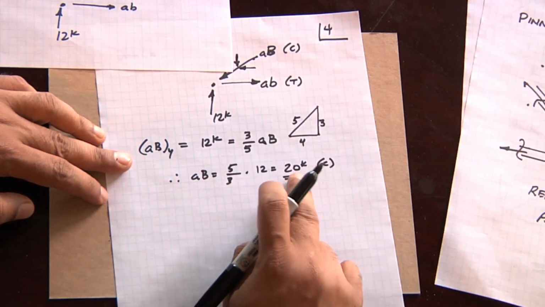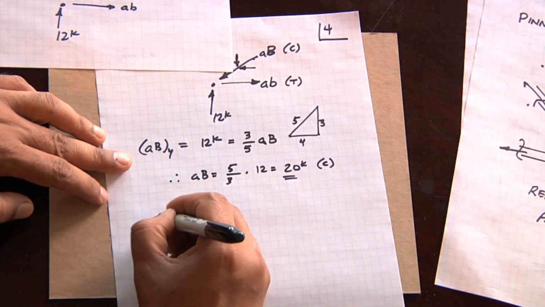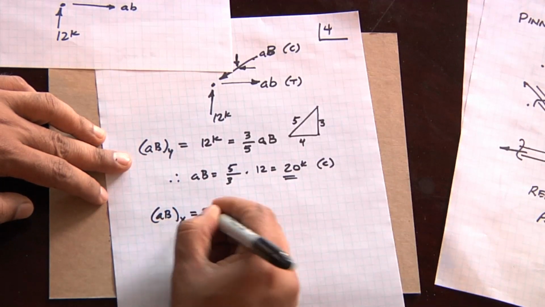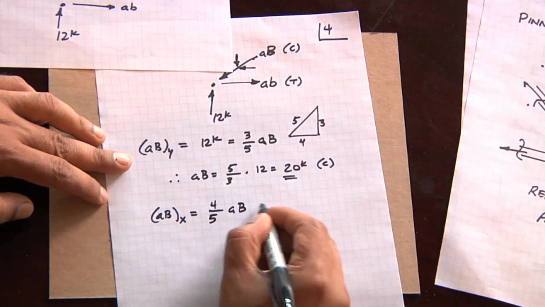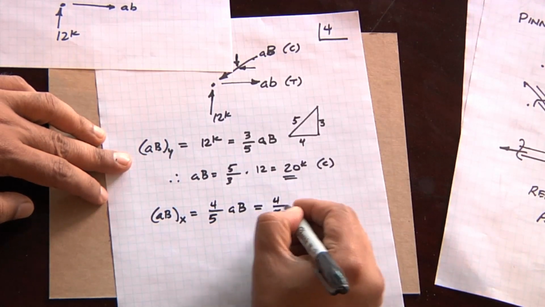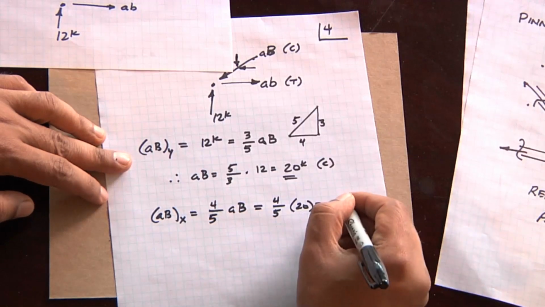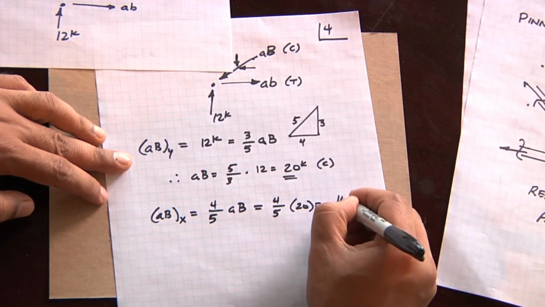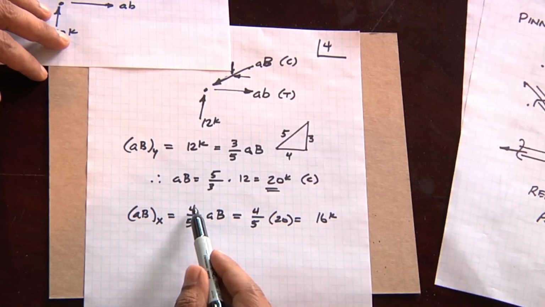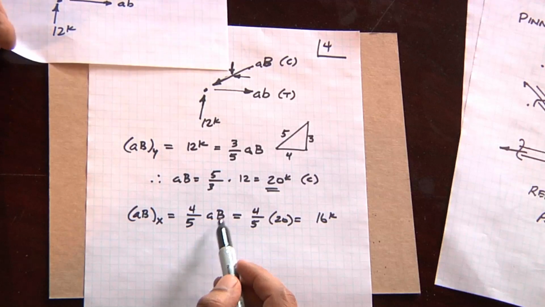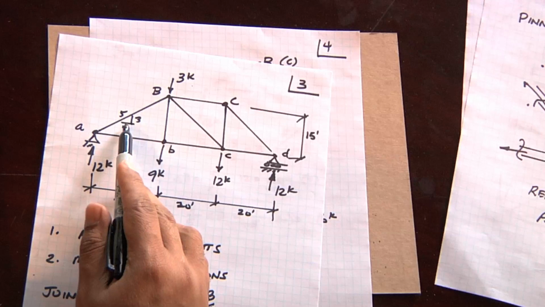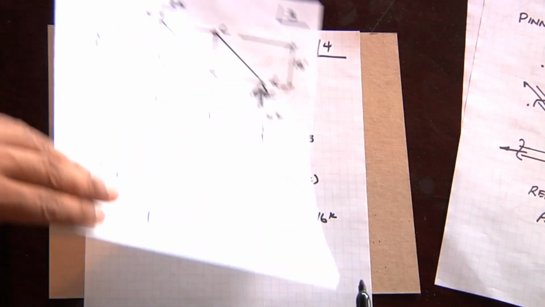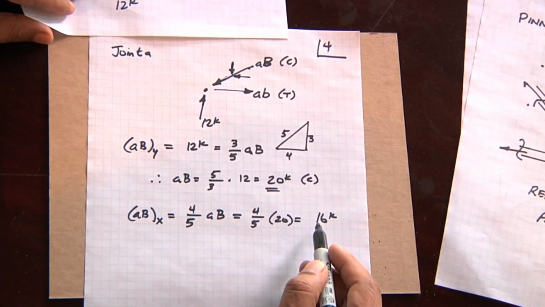And if AB is 20 kips, then ABX, which is the X component, will be 4/5 of AB, which is 4/5 of 20, which is going to be 16 kips. The way we know that ABX is geometrically 4/5 of AB is from the geometry of the triangles, just using trig, the ratio of the horizontal to the hypotenuse. 4/5 of 20, then we get 16 kips.